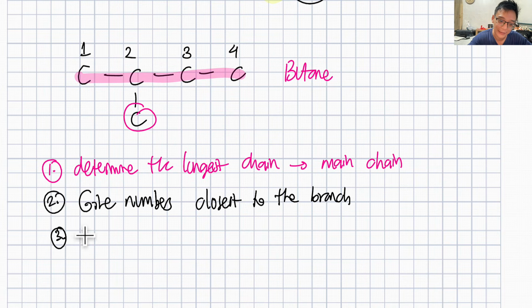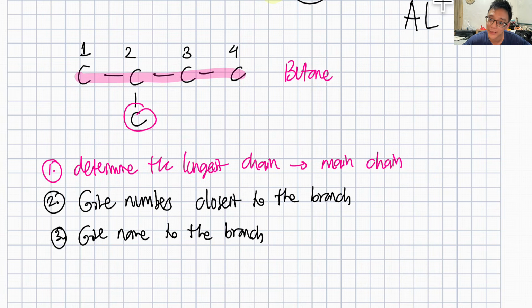And now, let's give name to the branch. Because this branch contains only one carbon, the name of a branch is determined as alkyl. Alkyl. Because it contains only one carbon, and the prefix for one carbon is called met, the name is officially methyl.